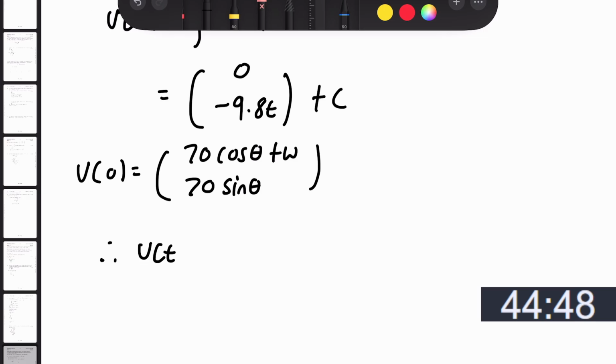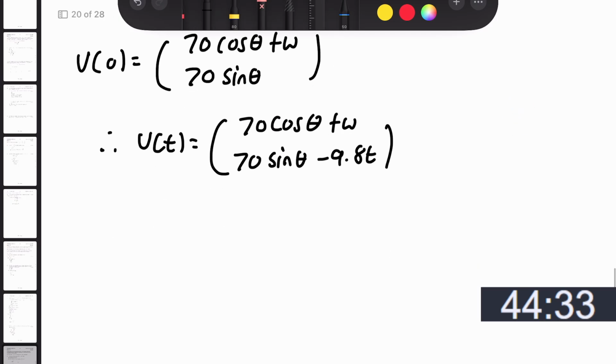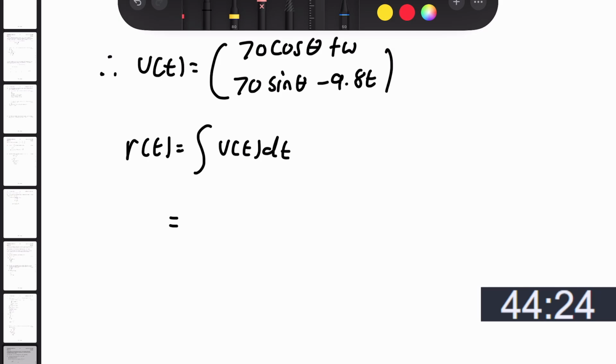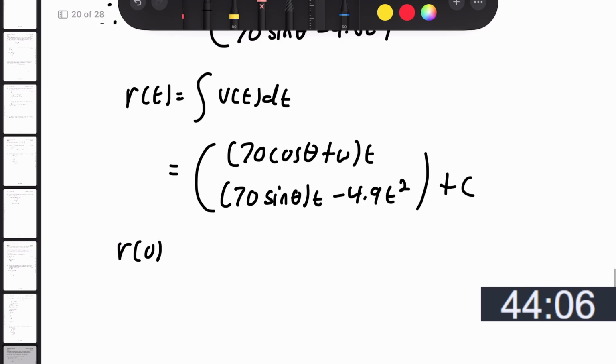And v of t is going to equal (70 cosine of theta plus w, 70 sine of theta minus 9.8t). And then r of t is just equal to the antiderivative of v of t dt. It's going to equal (70 cosine of theta plus w)t, 70 sine of theta t minus 4.9t squared, plus c. r of 0 is equal to 0.